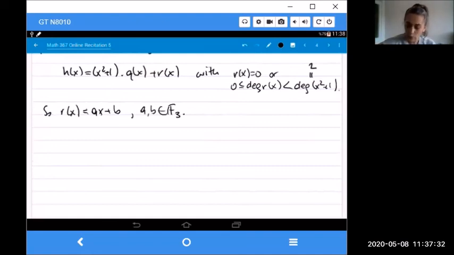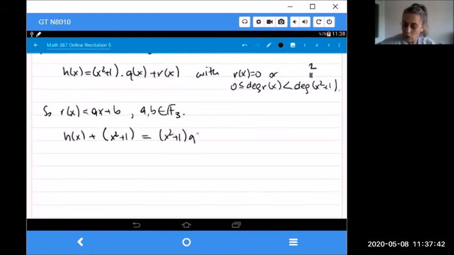Now, from this equality, if we take those as the coset representatives, we can write h of x plus the ideal generated by x squared plus 1 is equal to x squared plus 1 times q of x plus r of x, plus the ideal generated by x squared plus 1.